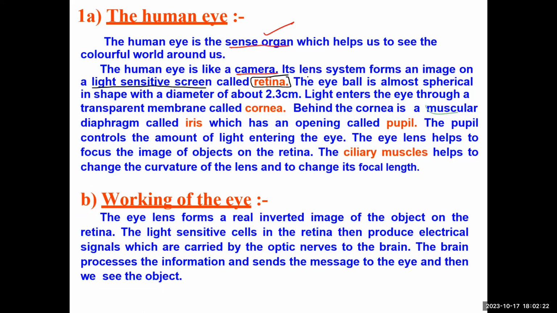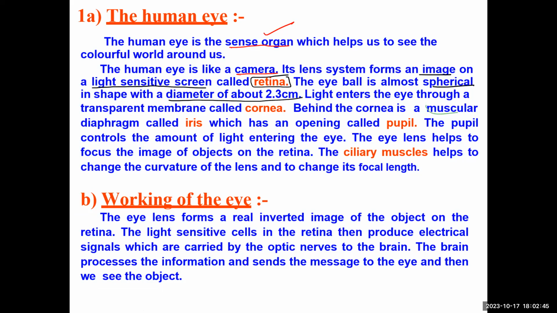So the lens system of the human eye will form an image. Where is the image formed? The image is formed on the light sensitive screen, and that is called the retina. Then the eyeball. The eyeball is almost spherical in shape, and its diameter is 2.3 centimeters. This is also an important objective.